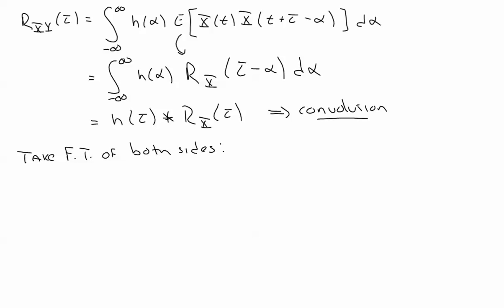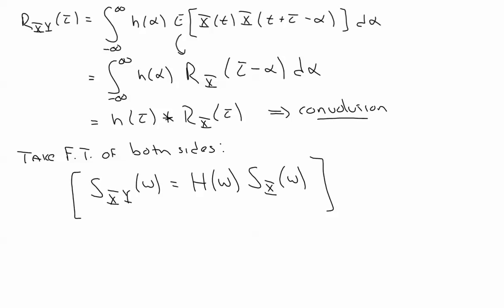And we get that this is a general result, and this thing here I haven't discussed before. It's known as a cross spectral density.